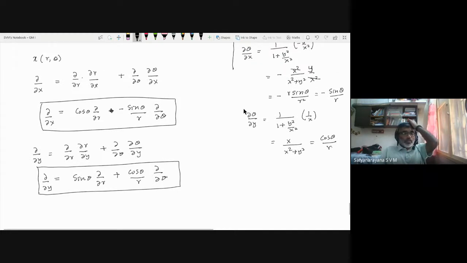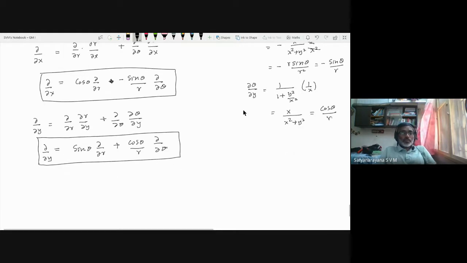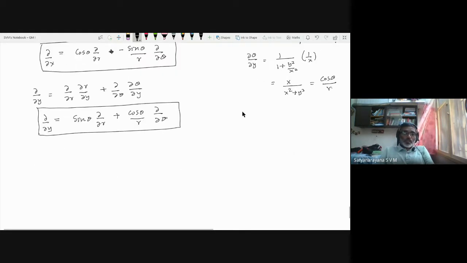Okay, this is what we have obtained for the first derivative. And what we have to get is ∂²/∂x². That is equal to ∂/∂x of ∂/∂x. That's what it is, right?